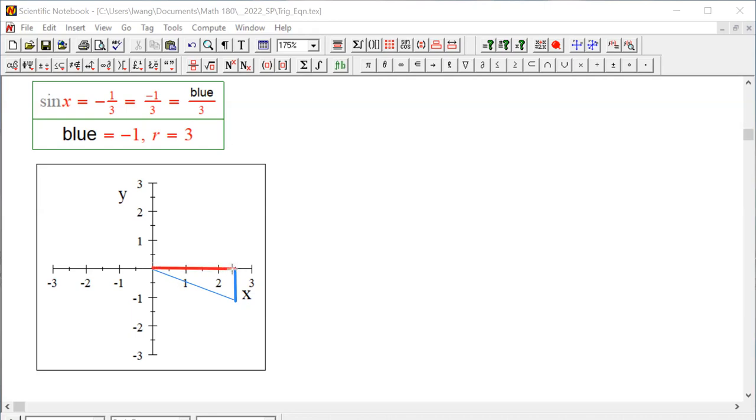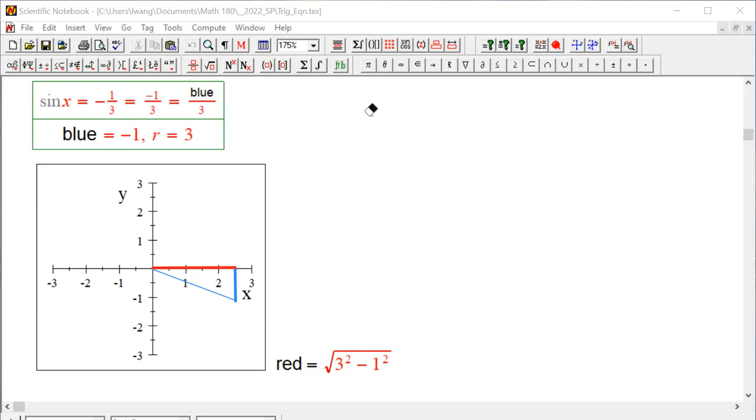If we really want to find the red, we just use the Pythagorean theorem, okay? So the red would equal the square root of 3 squared minus 1 squared, right? Okay, this is 1, and this is Pythagorean theorem.